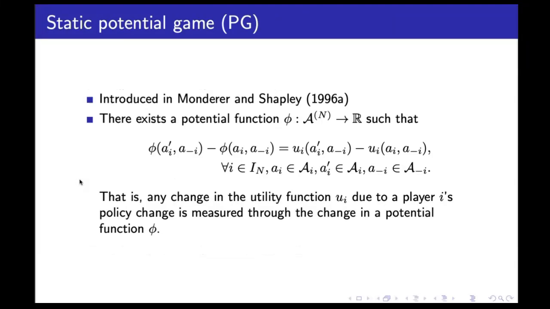So actually in this pioneering work by Monderer and Shapley, they proposed this definition called potential games: a game is called a potential game if there exists a function phi such that this structure holds.